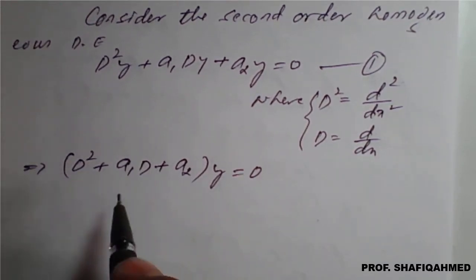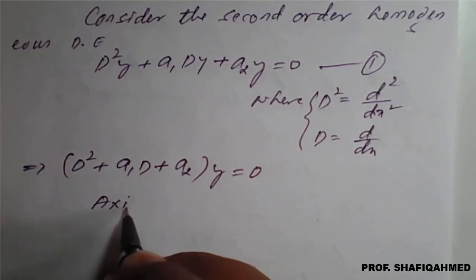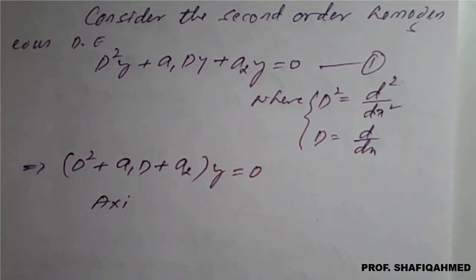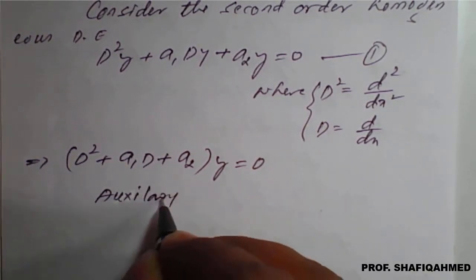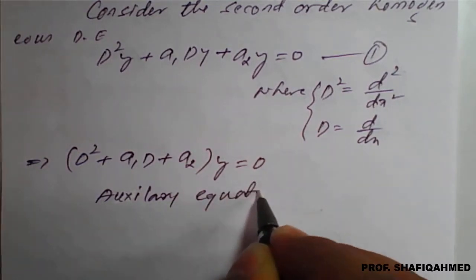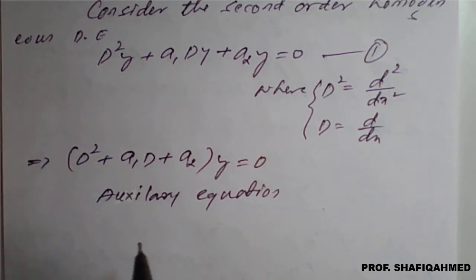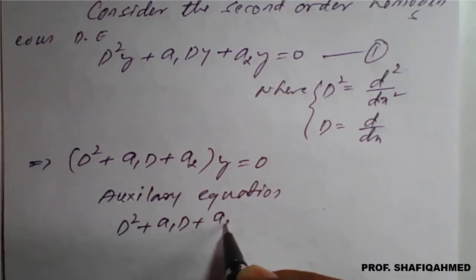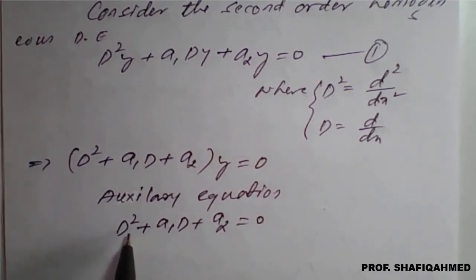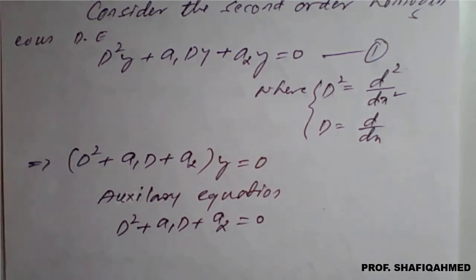Then the auxiliary equation is: inside this bracket we have to equate to 0, that is D squared plus a1 D plus a2 equal to 0. So actually this is a quadratic equation.